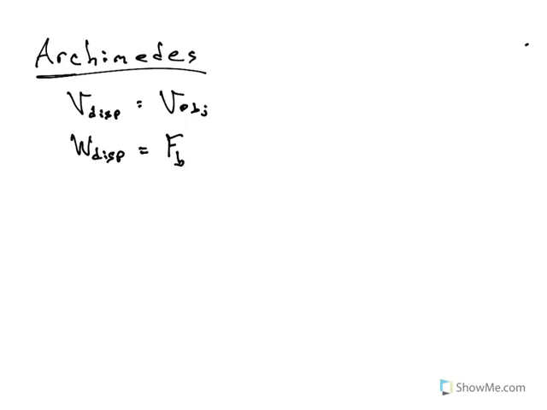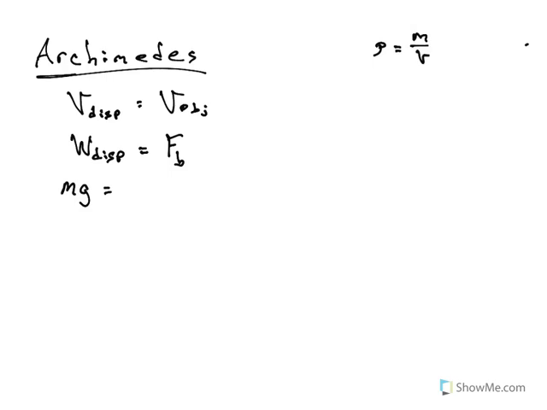And the final relationship we get from this latest relationship is, okay, well, the weight of the water displaced, how can I calculate that? Well, the weight is m times g. But if I don't know the mass of the water, what I'm talking about is density. I know density is mass over volume.